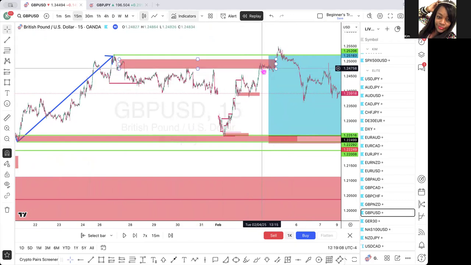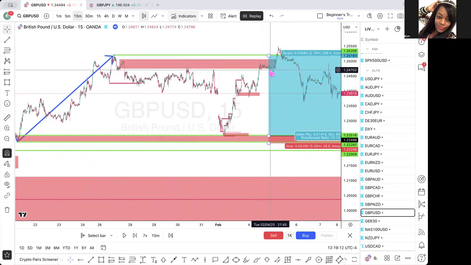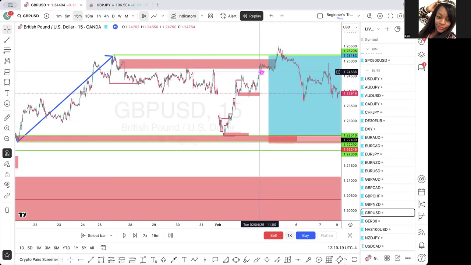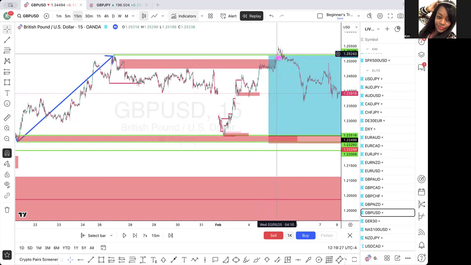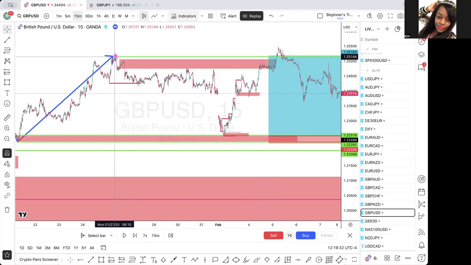Like I don't get scared or tricked out when I see consolidation. I just know that this bullish momentum right here, price is bullish. So I'm going to take my money at the top of this trade right here.